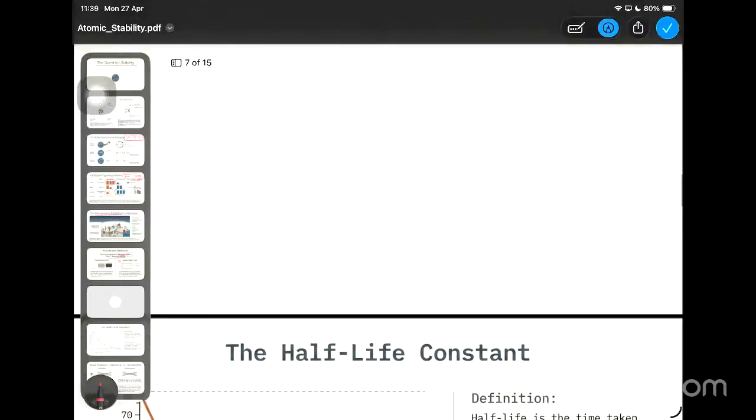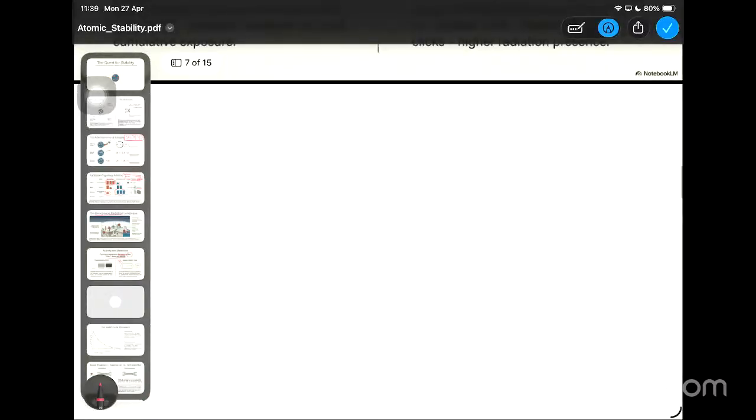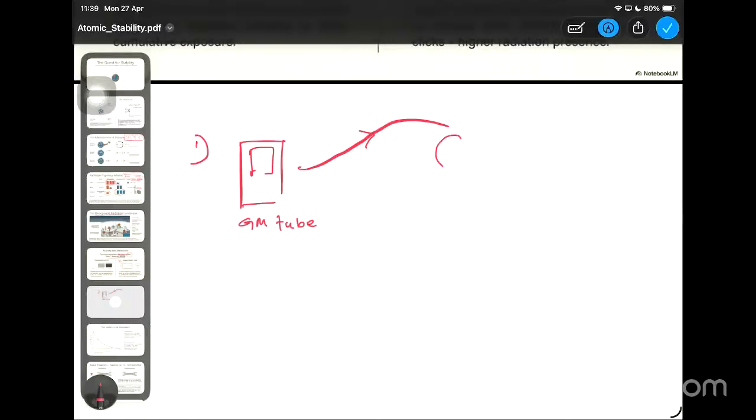So just imagine something like this, right? Let's say you are taking a reading from the GM tube. This reading will give you the value of the radioactive sample plus the background radiation.